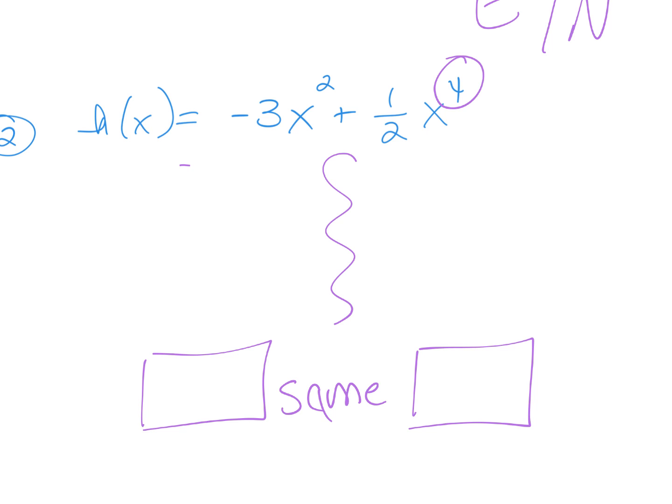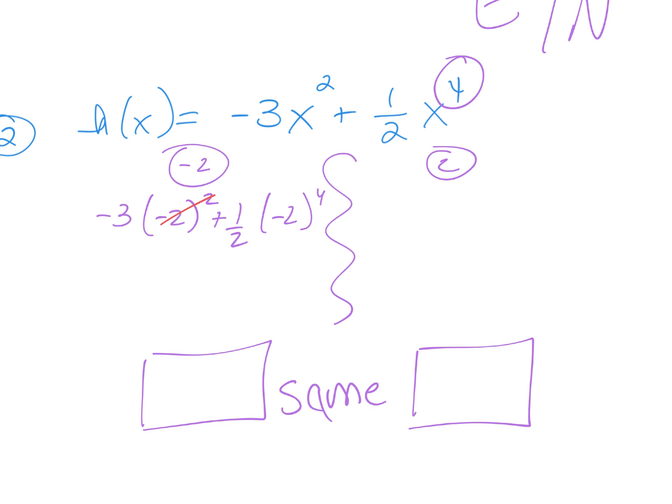So if I plug in negative 2 and positive 2, I have negative 3 times negative 2 squared plus 1/2 times negative 2 to the 4th. So let's do our squaring first.